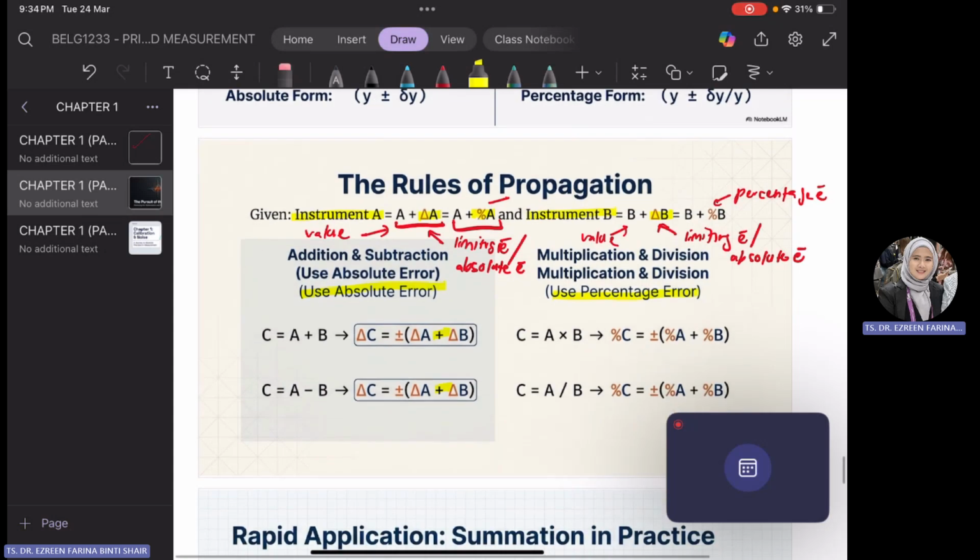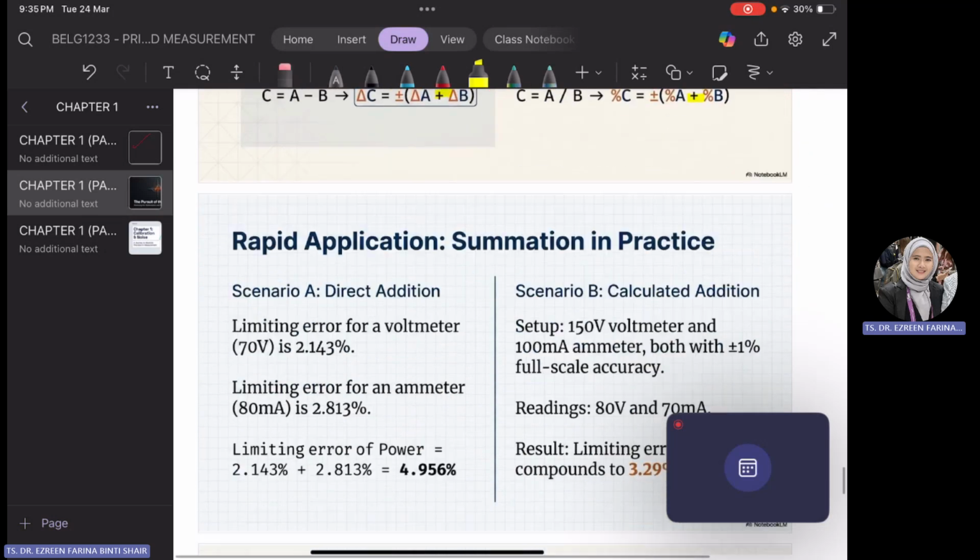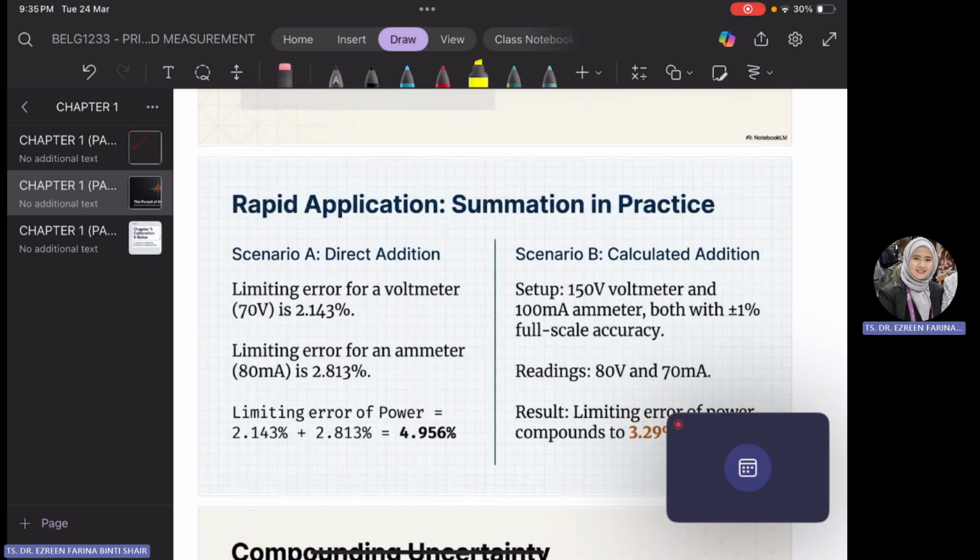If you have C equals A times B, the percentage error C will be equal to plus minus percentage A plus percentage B, meaning percentage error A plus percentage error B. This is the same as C equals A divided by B. Your percentage error C will become plus minus percent A plus percent B. Okay, so let's look at this example over here.